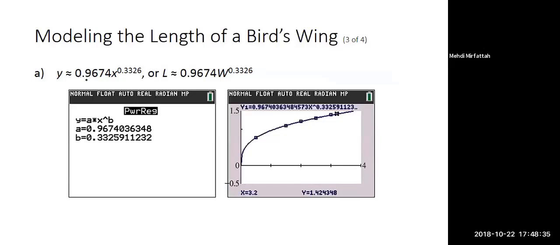Y would be about 0.9674 times x to the power of 0.3326. We got all of that from our calculator. So L would be approximately, I'm going to change Y to L and X to W. And as you can see, the calculator will graph that for you and find all the data that you need.